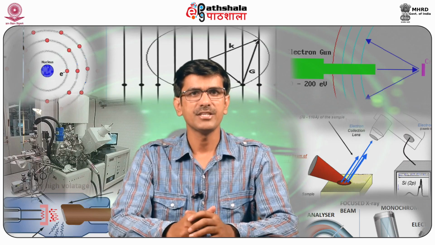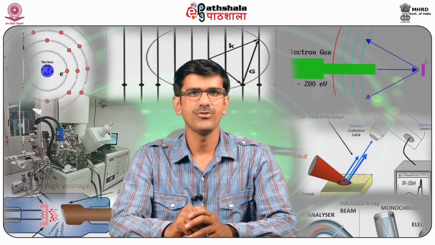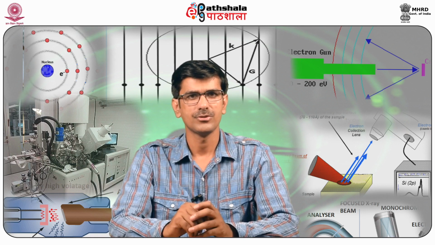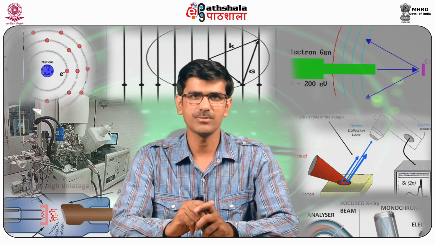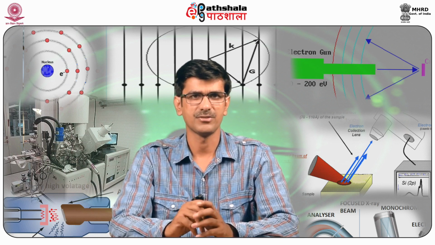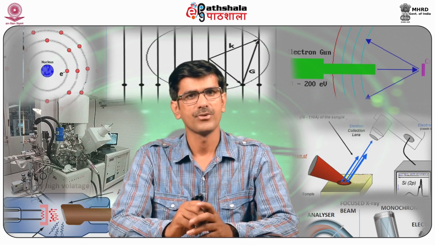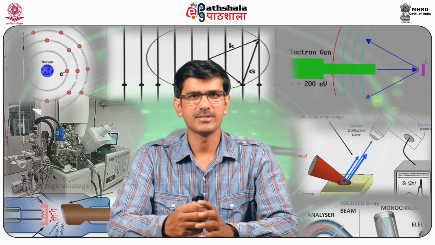X-ray diffraction techniques are classified into three categories. The first category is based on the physical nature of the sample, which is divided into two. The first is powder or polycrystalline diffraction, known as XPRD or powder X-ray diffraction. The other is single crystal diffraction crystallography. The second category is based on the sample size.